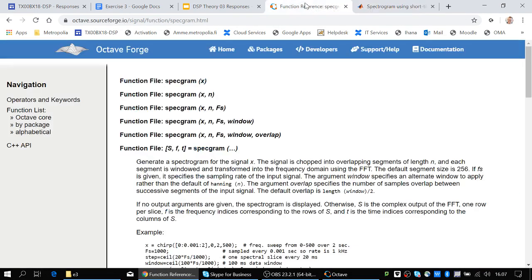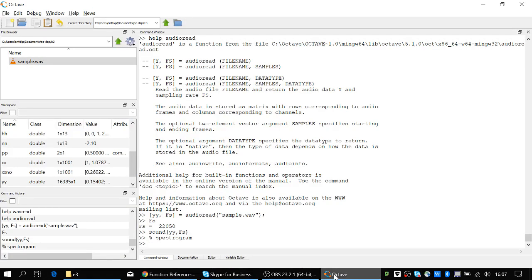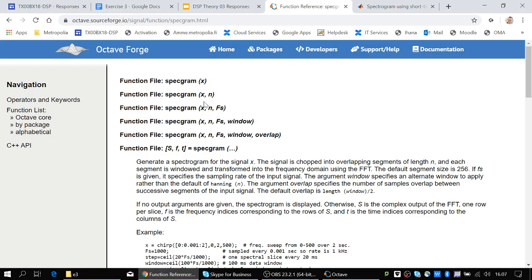On Octave it's called specgram. So a different name. On MATLAB it used to be called specgram. So just a different name and some small things. Specgram.